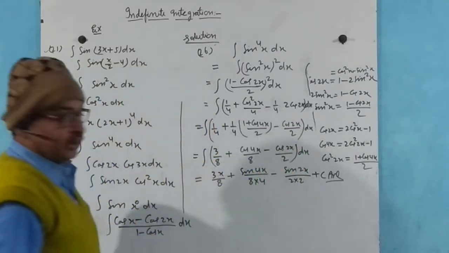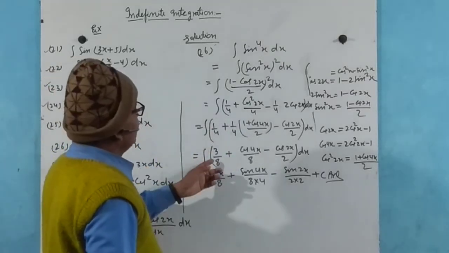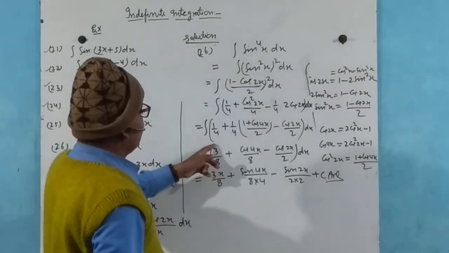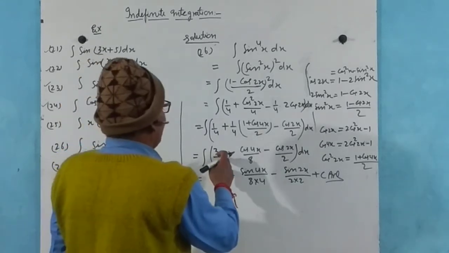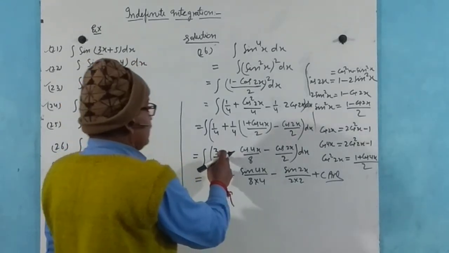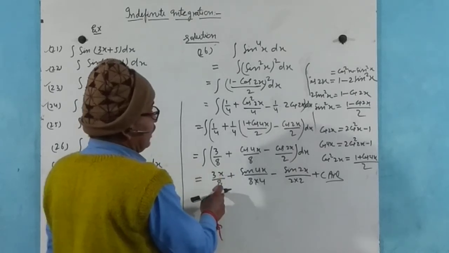Now integrate this. 1 by 4 is a constant, comes here, 3 by 8 constant comes outside and here 1 dx, that integration is equal to x, and 3x by 8.